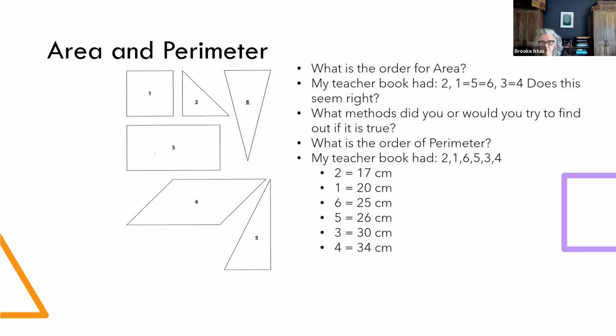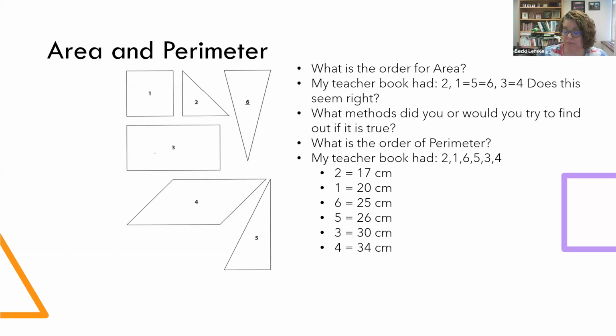If you knew the shape had the biggest area, so you pick any 2 shapes and knew which one had the bigger area, would the perimeter always be bigger?